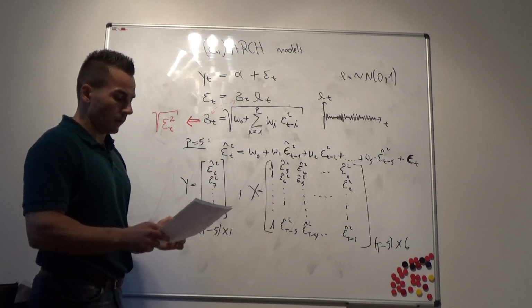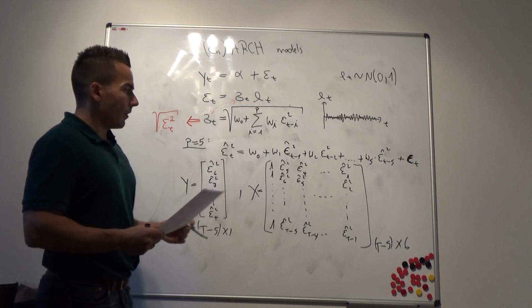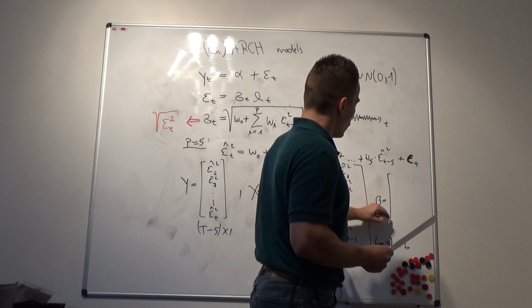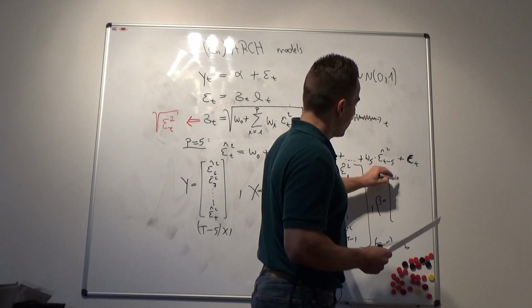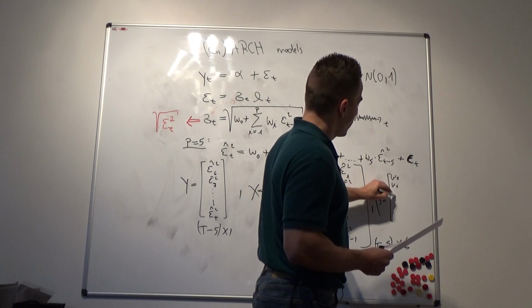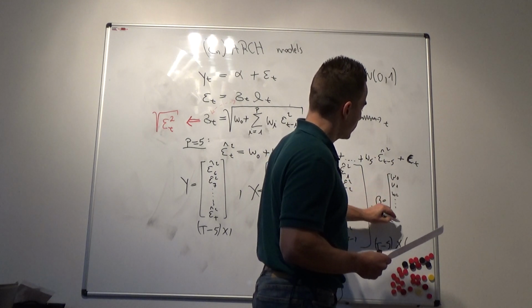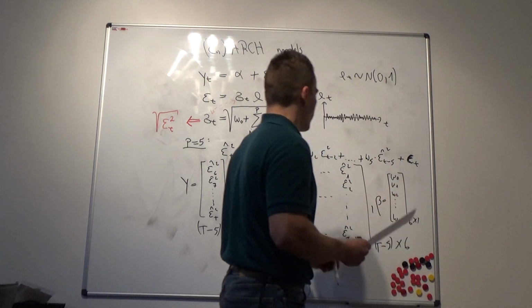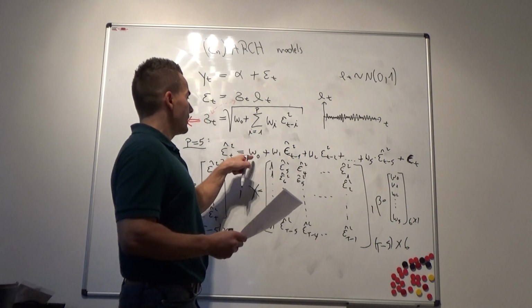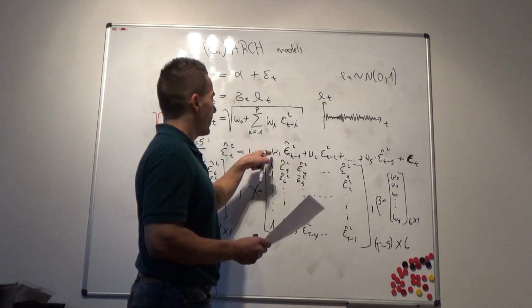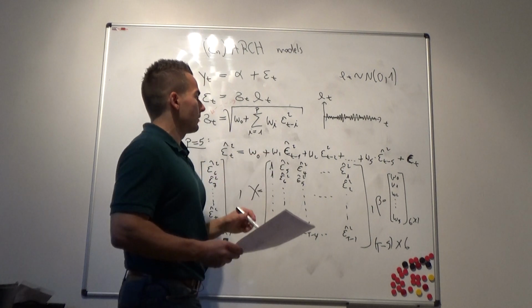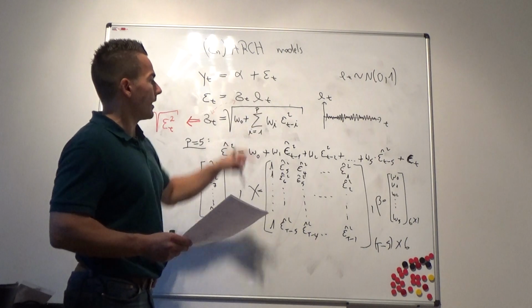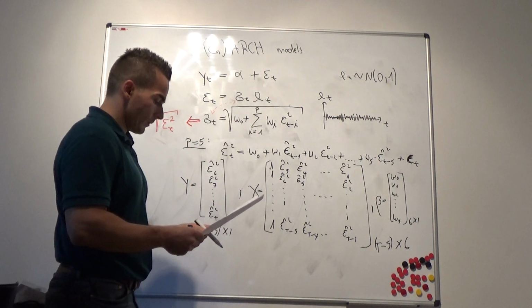So everything is straightforward. Our beta vector in this context would be a vector of W0, W1, W2, and so on until W5. So this would be a 6 by 1 vector, because we have this intercept term, and in addition 5 exposures against past squared regression residuals from the mean equation.